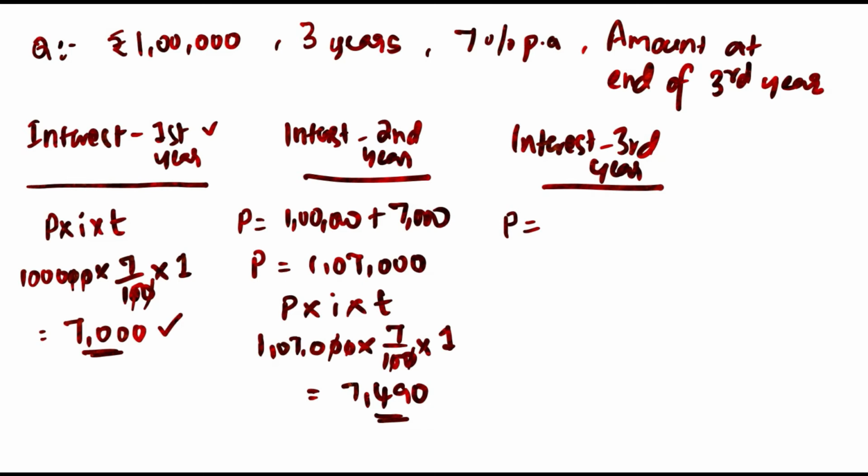So from where we have to take this, not this 1 lakh, take this 1,07,000. What was the principal for the second year? Take that 1,07,000 plus you have to add the interest, compound interest relating to the second year, that is 7,490. So what is your calculated principal for the third year?